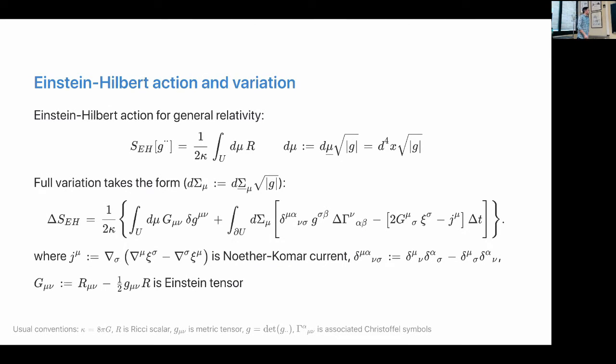Now for gravity, you pretty much can just turn the crank and you get this result here. So this is the usual bulk term that you get from varying the Einstein-Hilbert action, which is up here, and the boundary term that you get is proportional to the total change in the connection coefficient.